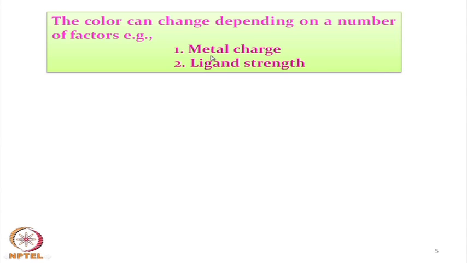Even in the case of vanadium in aqueous acidic solution, it has water molecules surrounding it, but due to the different charges on it, from a bivalent to a tetravalent oxidation state, we see that the color changes from one to the other.